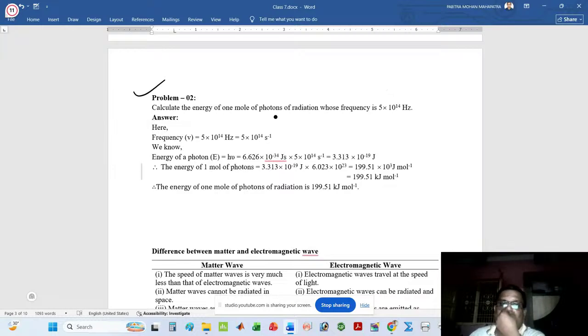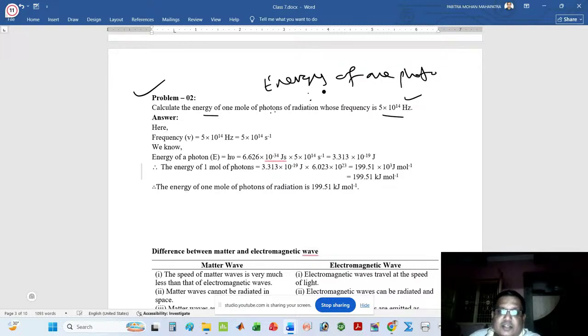Calculate the energy of one mole of photon radiation whose frequency is 5 into 10 to the power 14 hertz. Our target is to find out the energy of one mole of photons. At first, find the energy of one photon.